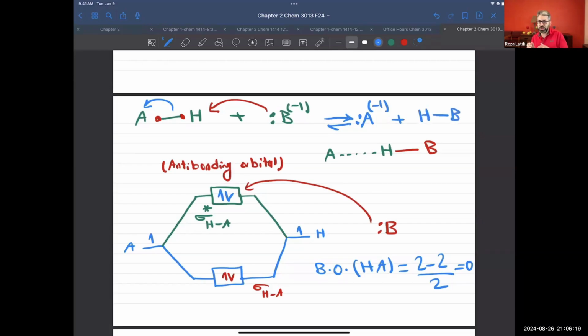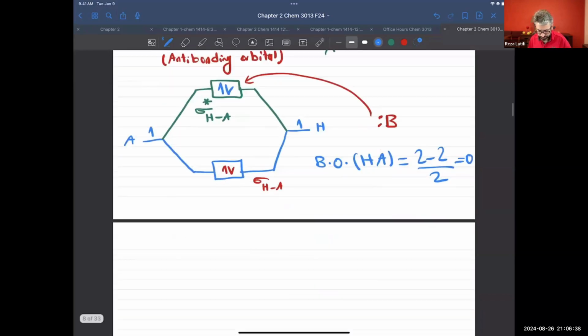So the base is going to put the electrons inside the anti-bonding orbital of HA, the acid. Then you can actually break the bond and take H from the acid.